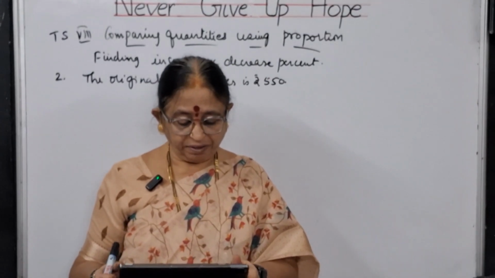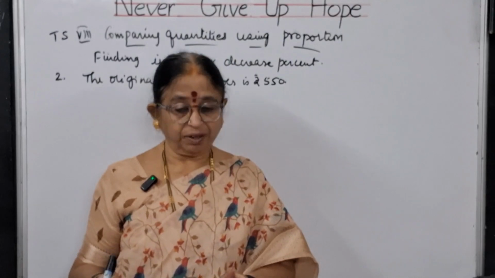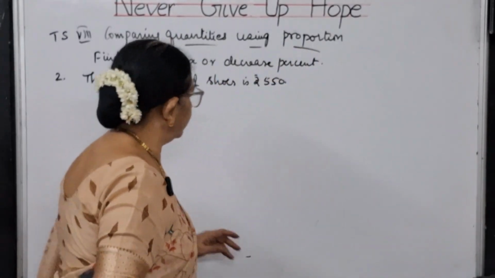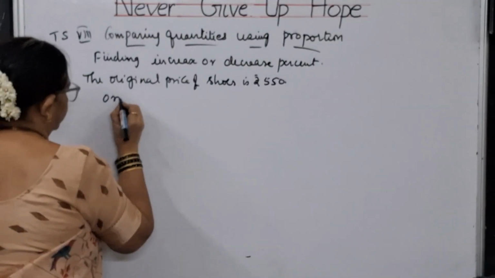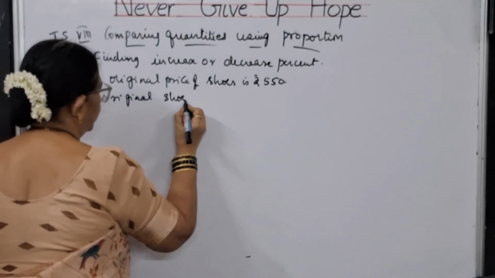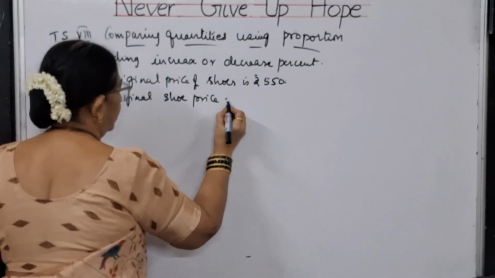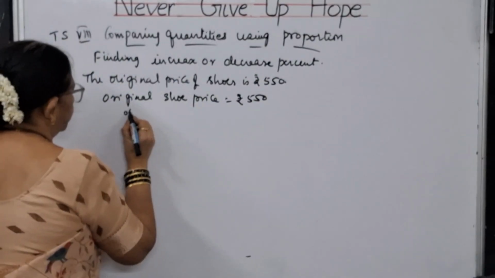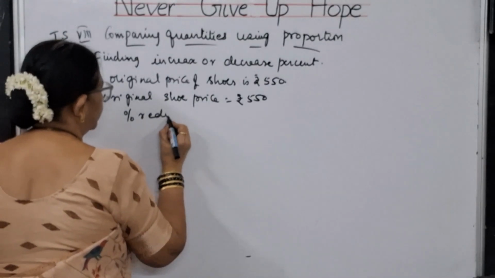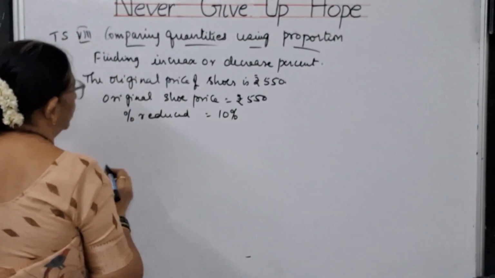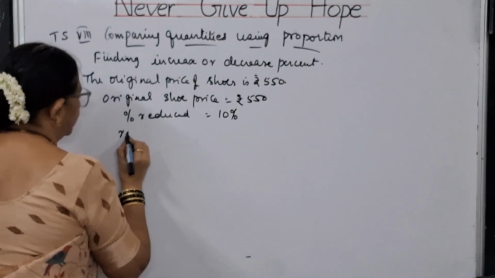So with 10% reduction on 550, what is the new sale price of the shoe? Actually the original shoe price is rupees 550. The percentage reduced is 10%. So what is the reduced amount?